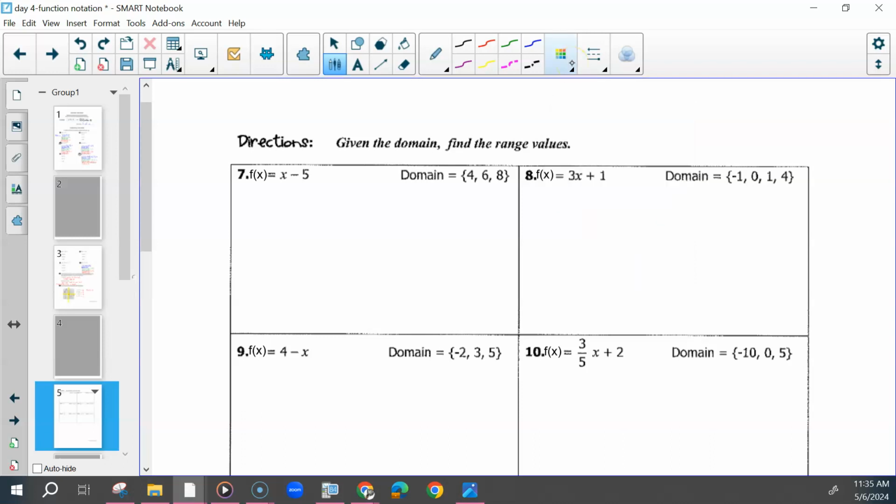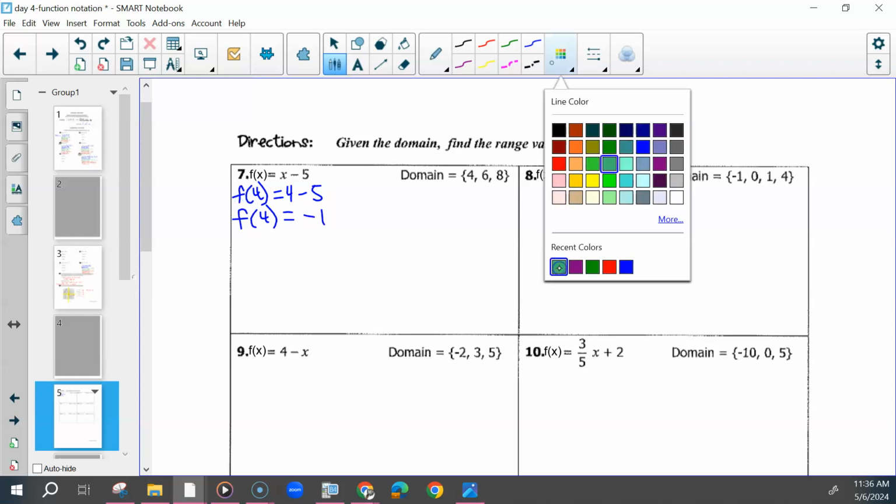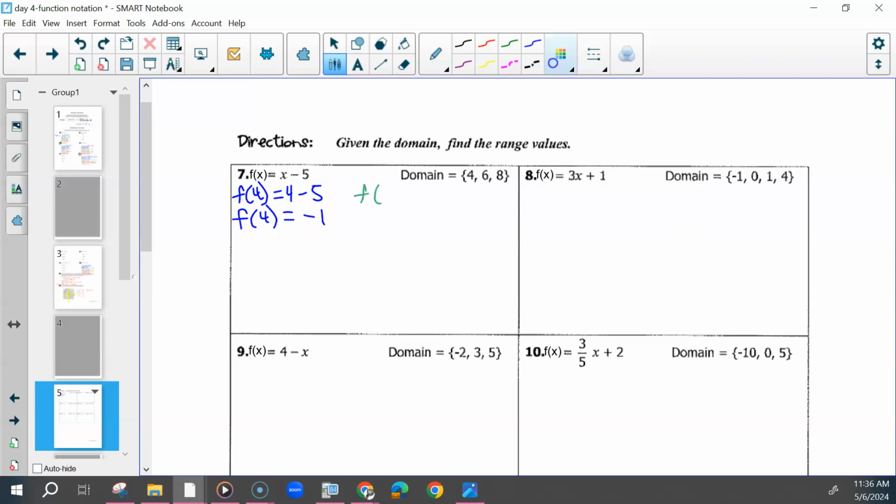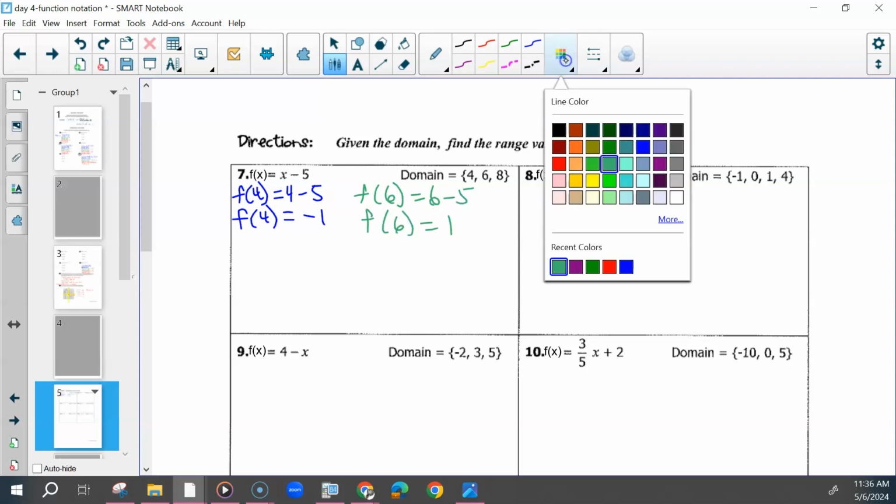So if I were doing this algebraically, I would just put each one in, and then simplify each one and figure out what each one was. So f of 4 would give us -1. And then if we do the same thing for 6, and then for 8.